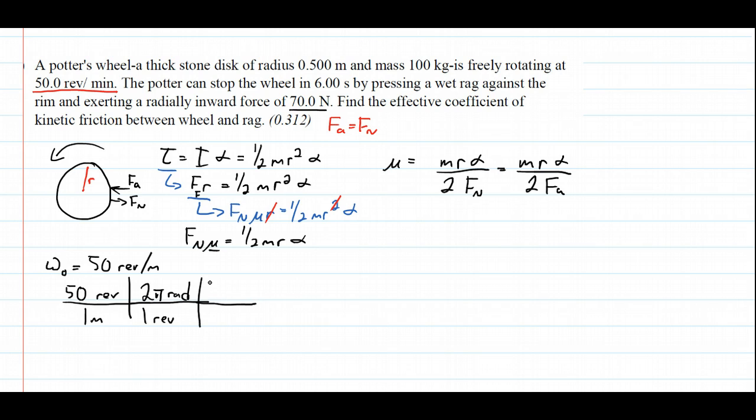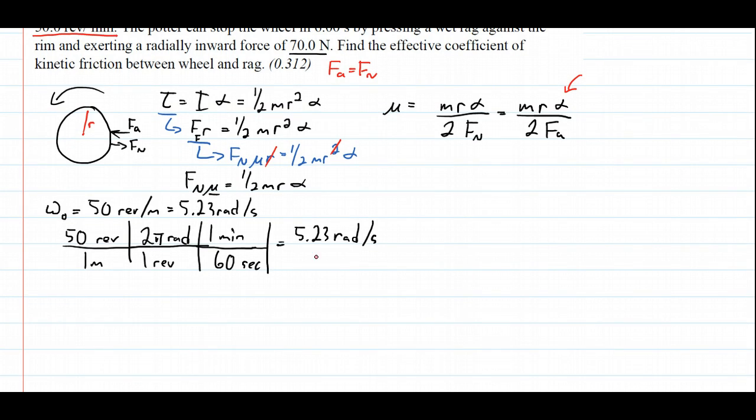And then in 1 minute, we have 60 seconds. If we calculate all of that, we get 5.23 radians per second. So this gives us an initial angular velocity of 5.23 radians per second. But our equation that we just discovered doesn't have velocity in it. Instead, what we need is our angular acceleration.